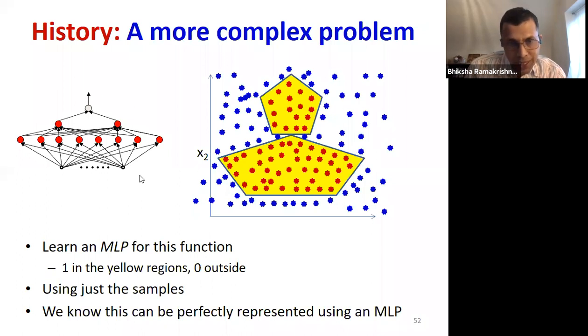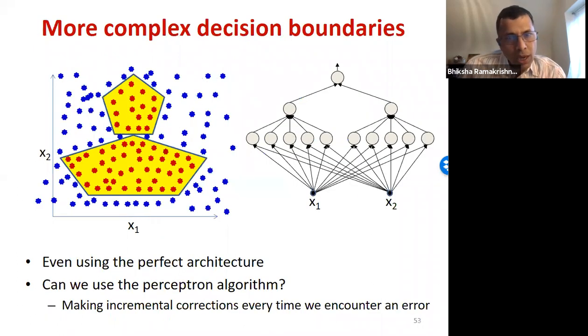But then we're going to only have these training data points. We will not have the boundaries themselves. And so the question is, using only these data points, the red and the blue points, where the red points are labeled 1 and the blue points are labeled 0, can we use the perceptron algorithm to learn the parameters of this perfectly structured network?